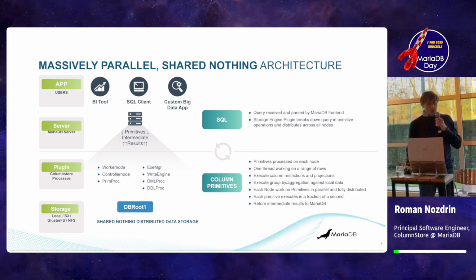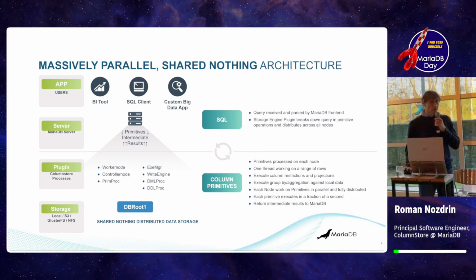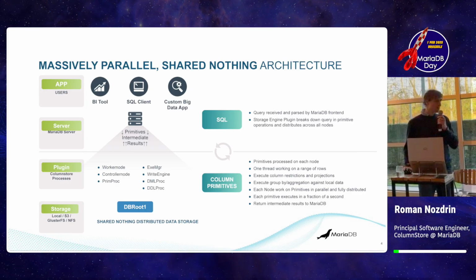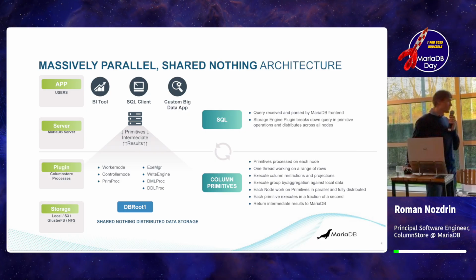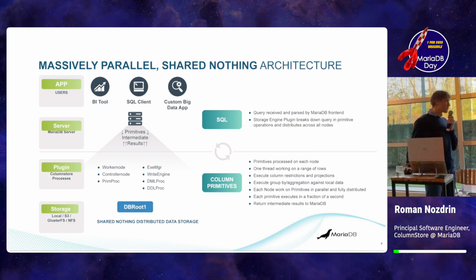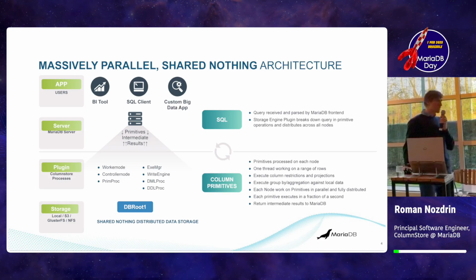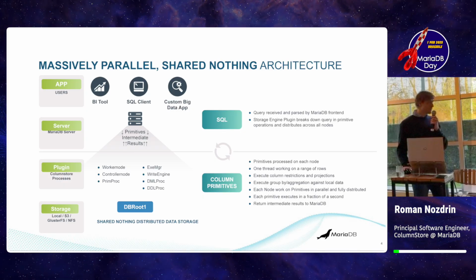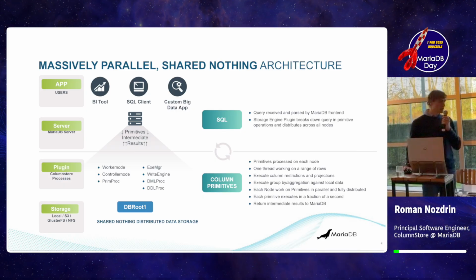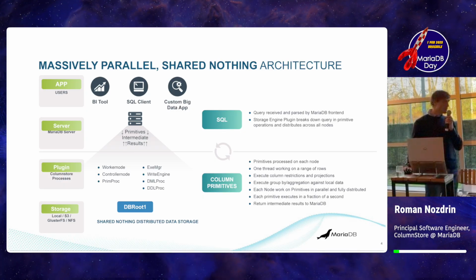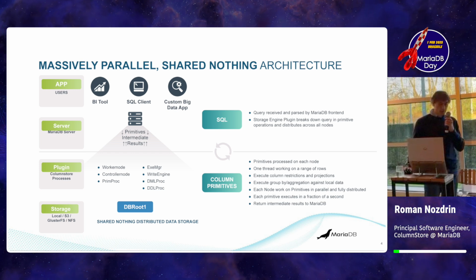There is also an additional storage layer that somehow stores data. We will take a look at the details a bit later. But in a nutshell, this is what Columnstore is, an application behind MariaDB server.